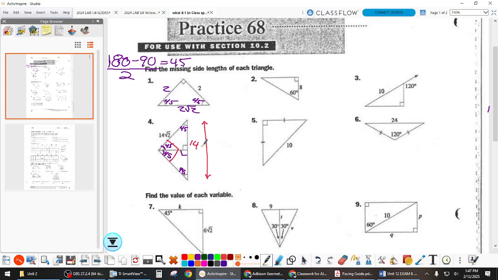It's 14 root 2 times root 2. Leg times root 2. What does this do when you do root 2 times root 2? Yeah, so it's just 14 times 2. How long is this leg? 14. It's the same.